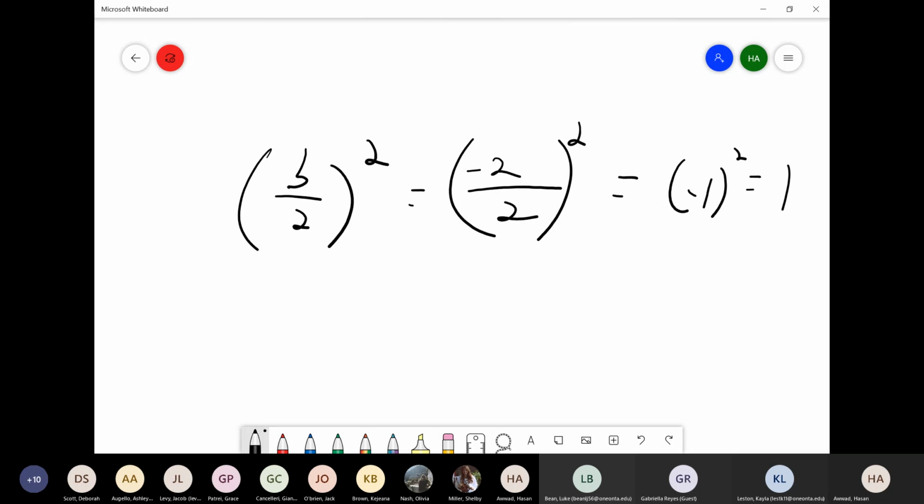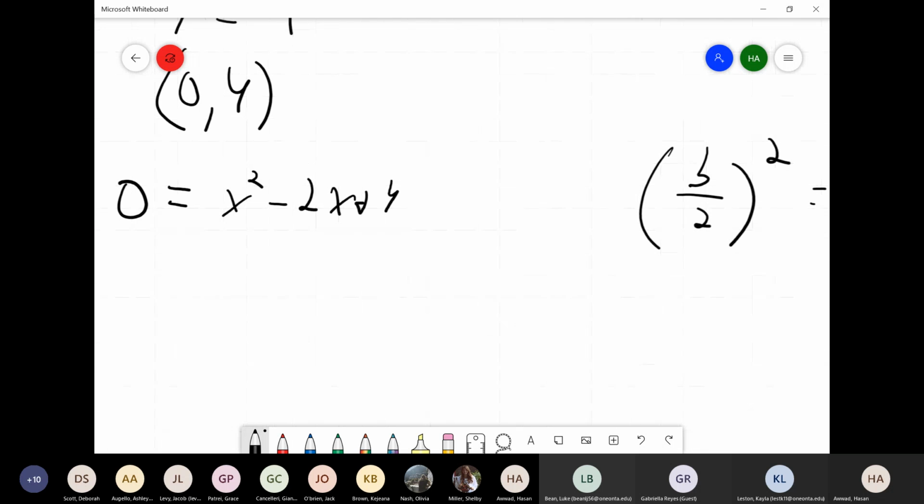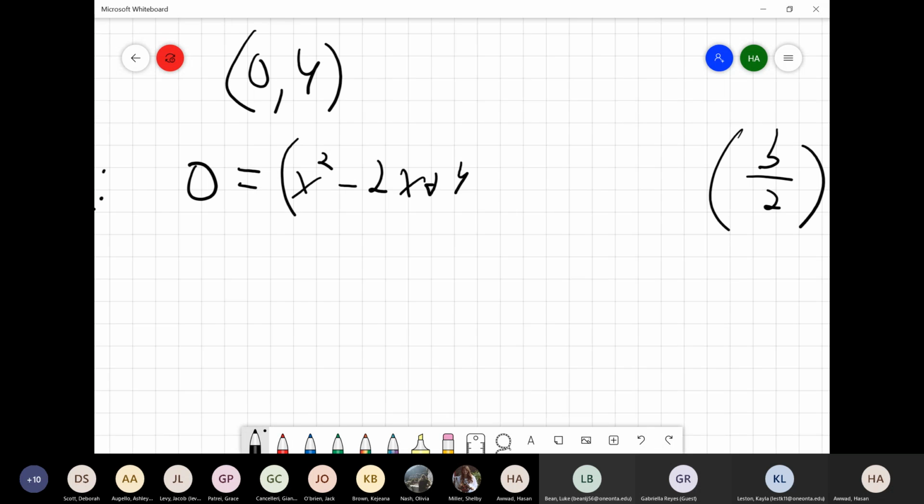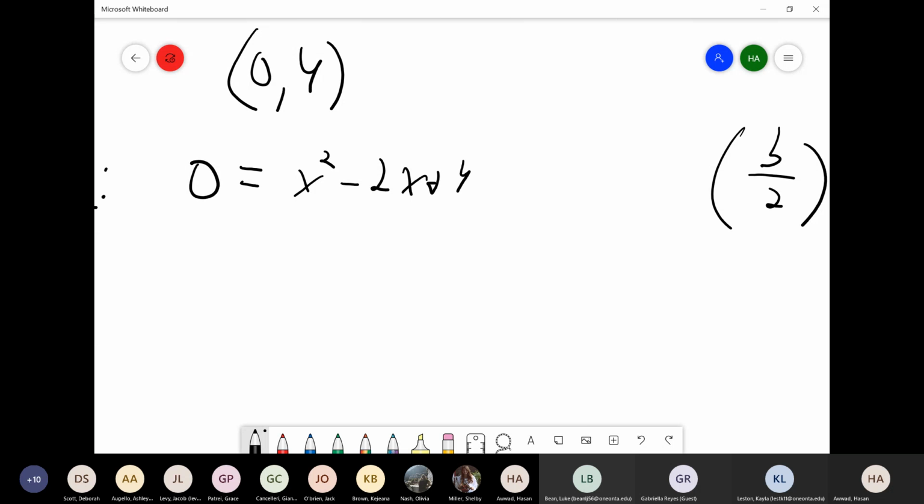So what this tells us is that I want to have a 1 with this piece right here that I just put in parentheses. So I'm going to add 1, and whatever I add, I also have to take away, right? If I want to keep the equation balanced, if I add 1, I also have to subtract 1, so that I'm not changing the total value.